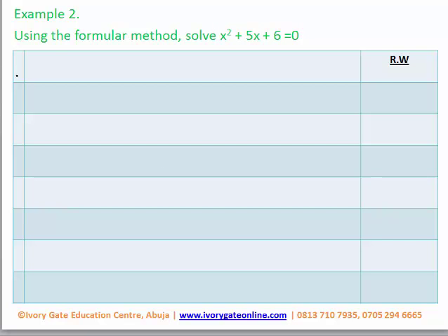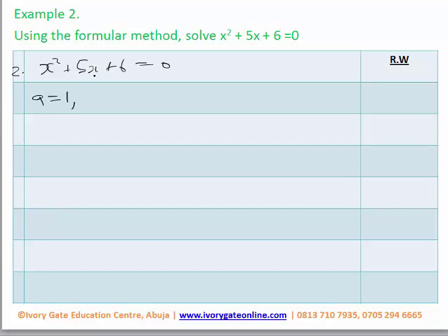Example number 2. Given x squared plus 5x plus 6 is equal to 0. To solve this using the formula method, we need to identify the constants. The coefficient of x squared, which is a, here is 1.